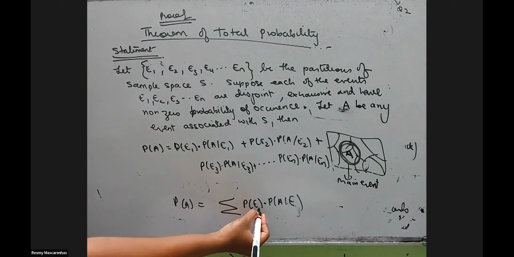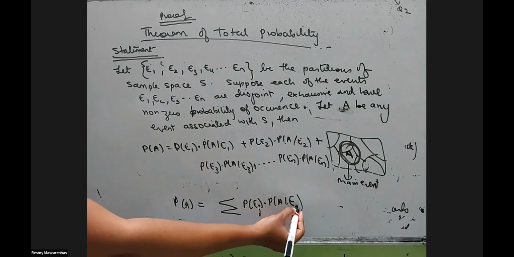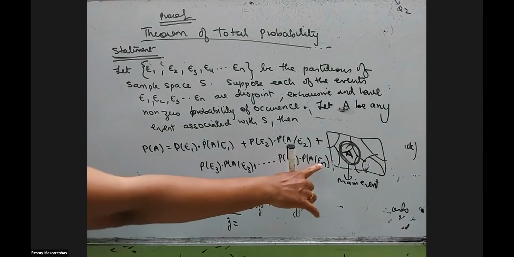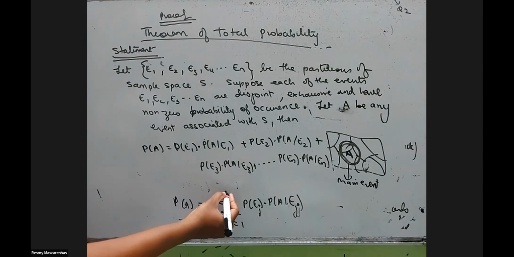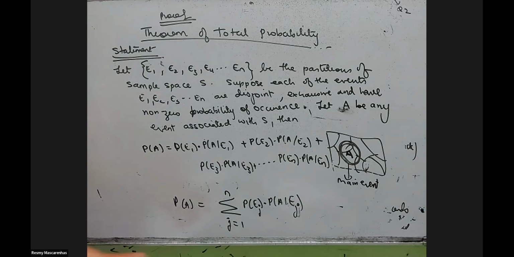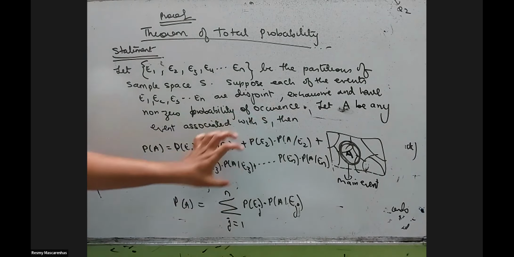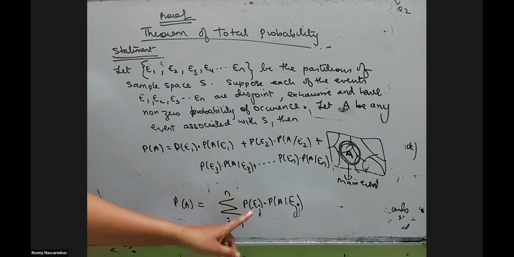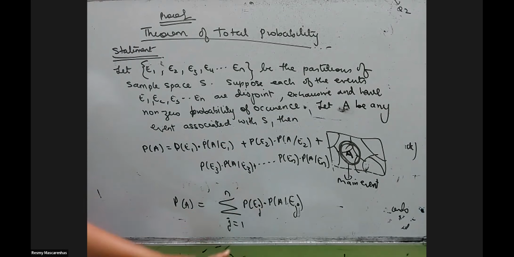So I just use another letter. I put J in general. So J values are from where? It starts from 1 and goes till N. So this is how we write the summation sign. In general, we are adding the same term. So every time we just have to put 1, then again 2, 3, 4 like that, till N you have to put.